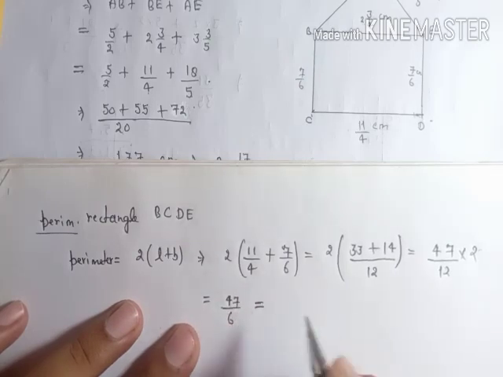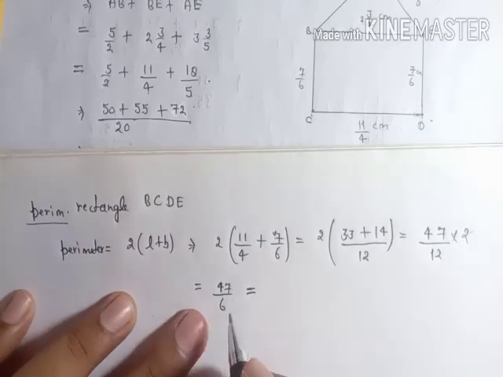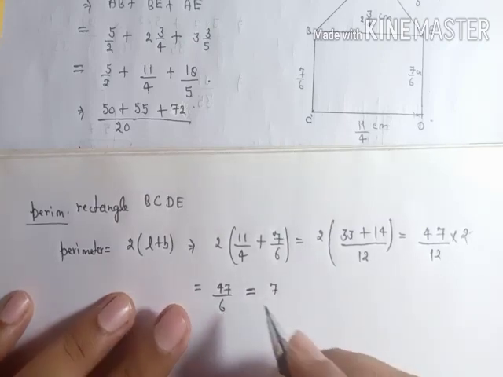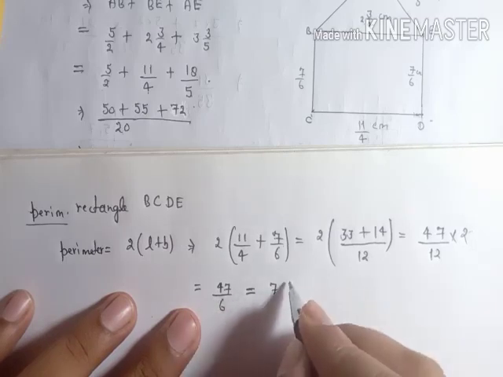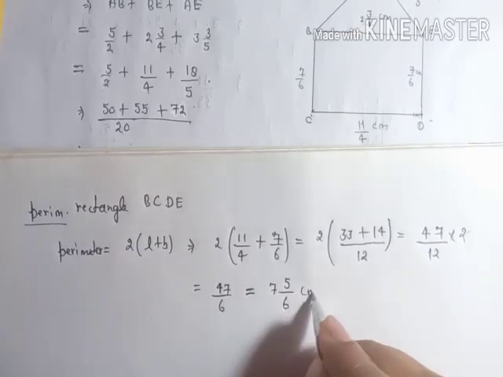If you make it a mixed fraction, 6 7s are 42, so 42, and the remainder 5 upon 6. So 7 whole 5 upon 6 centimeter.